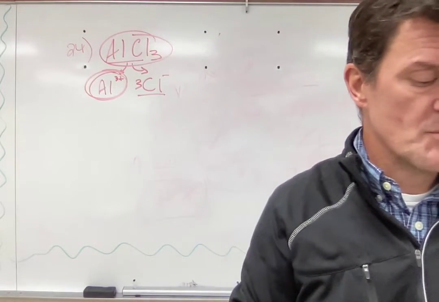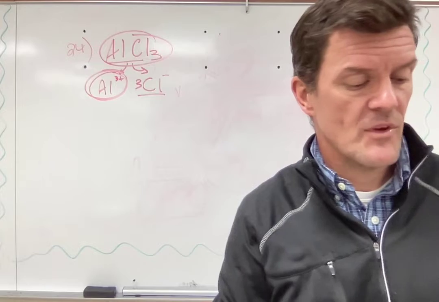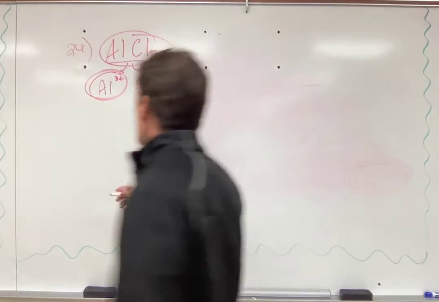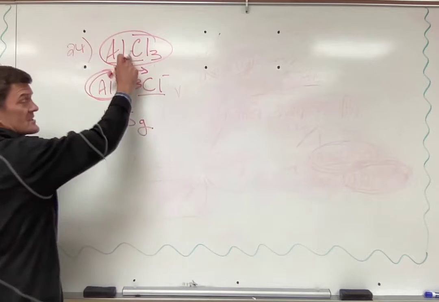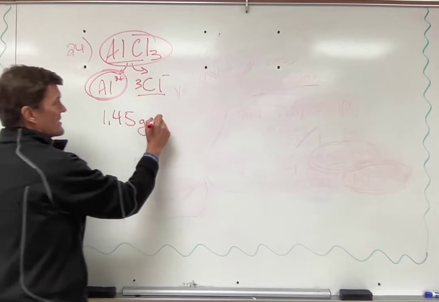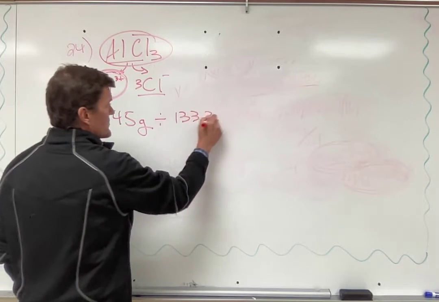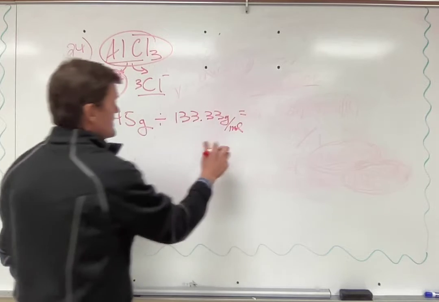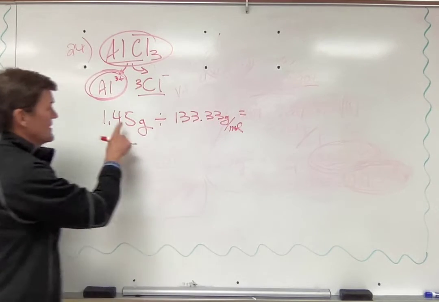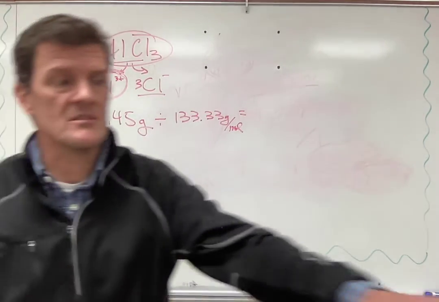Okay? So let's figure out how much we have. It says we have 1.45 grams of aluminum chloride, and they give you the molar mass of 133.33. So again, we're going to take the 1.45 grams of this compound, and we're going to divide by its molar mass, which they give you, 133.33 grams per mole. This is the mass of 1 mole. You only got 1.45, so you're going to have a tiny amount of moles here.